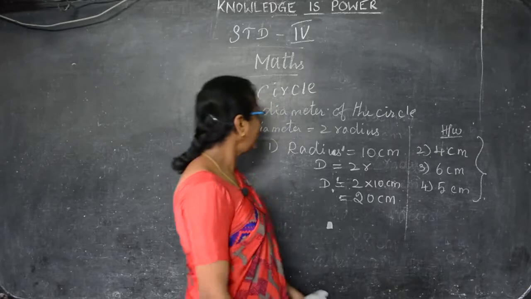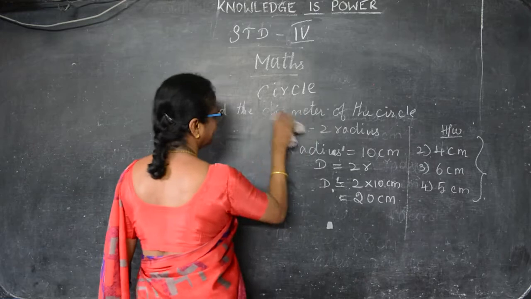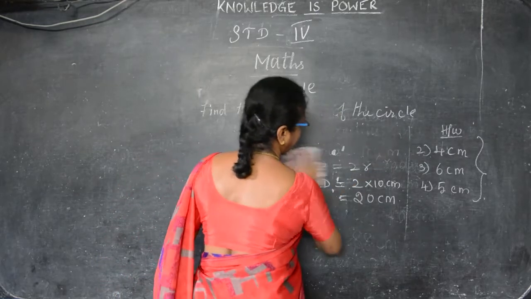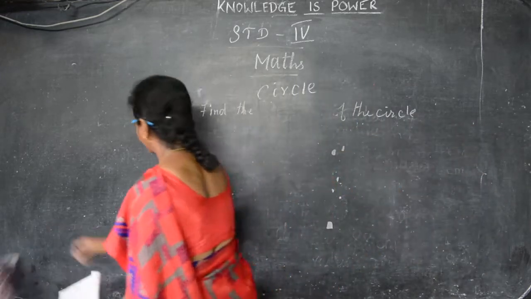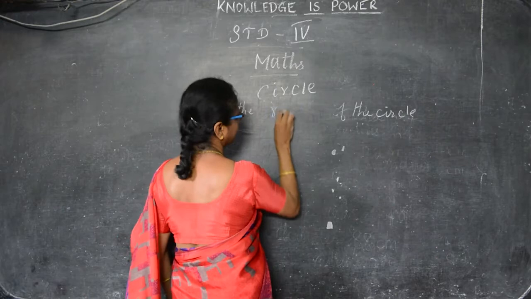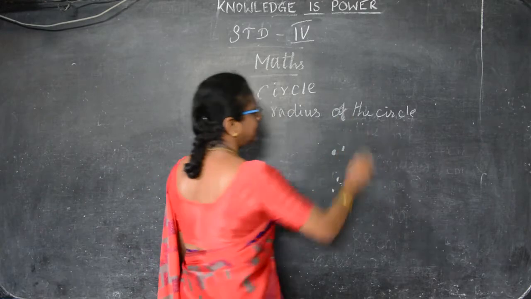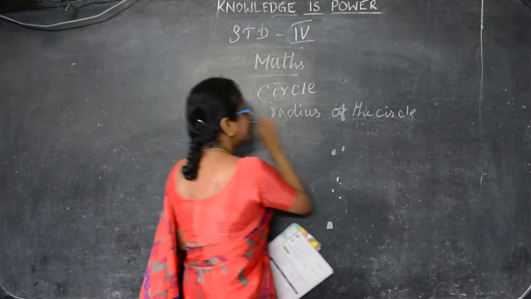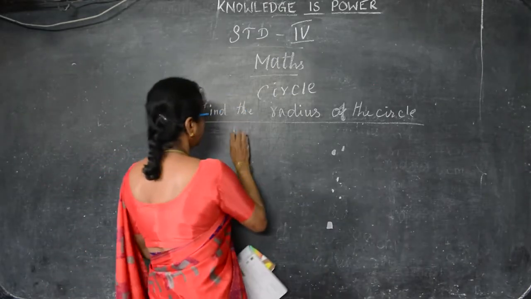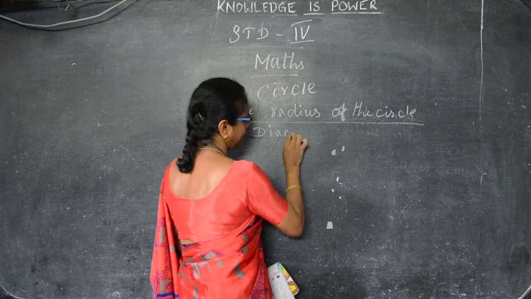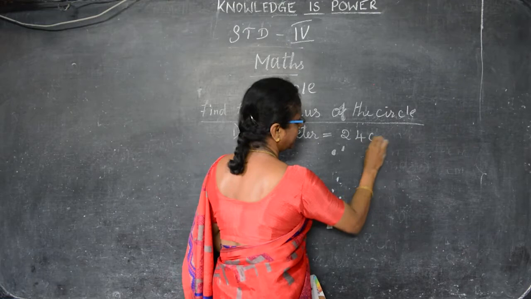Next one is find the radius of the circle. In this they will give the diameter and we have to find the radius. The diameter is equal to 24 centimeter.